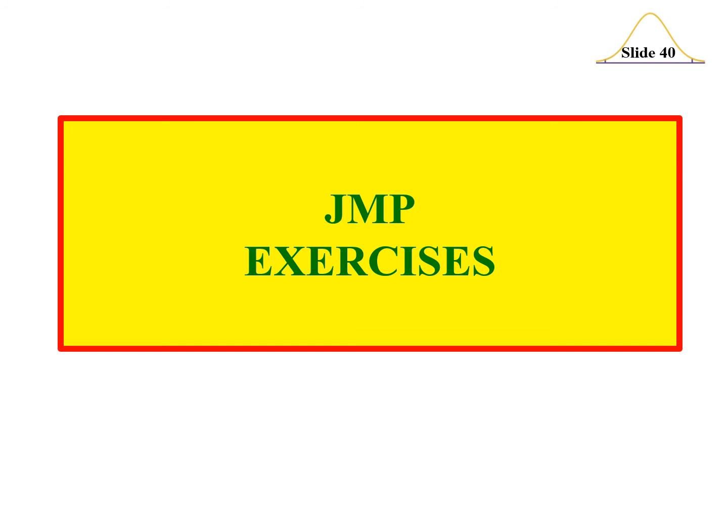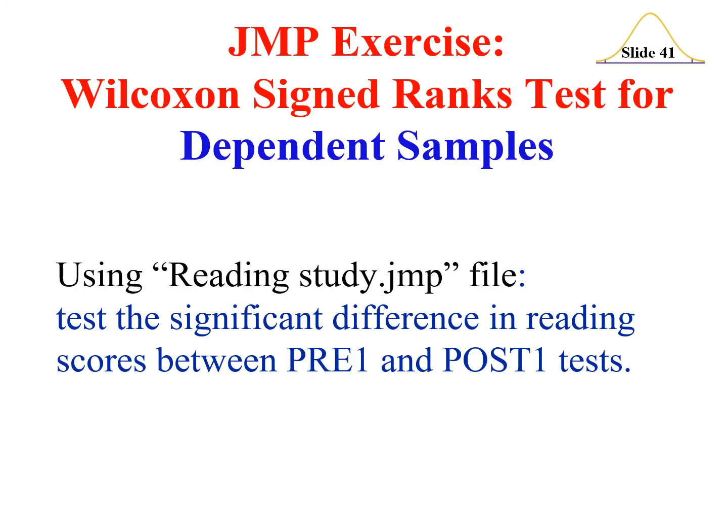Okay, here are some JMP software exercises for reviewing the ideas of Wilcoxon. Let's start with the Wilcoxon signed rank test. This is the first one, for dependent samples. Here we use the file called reading study to test the significant difference in reading score between pre and post test.